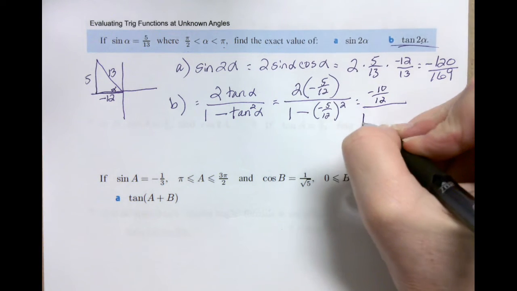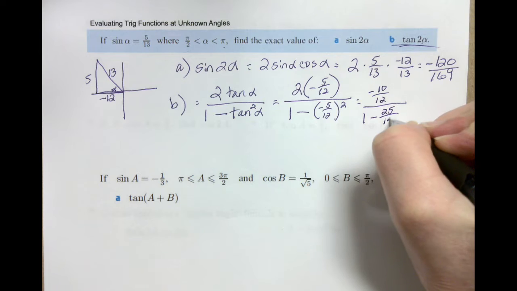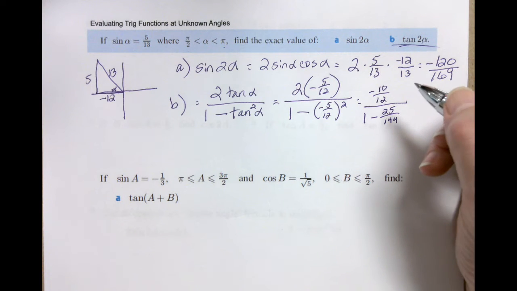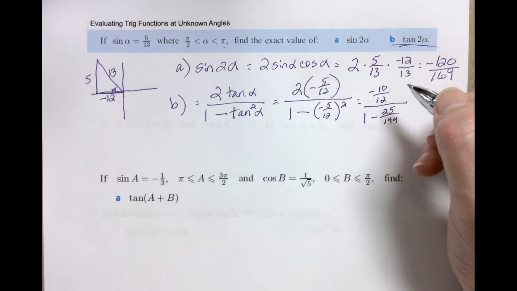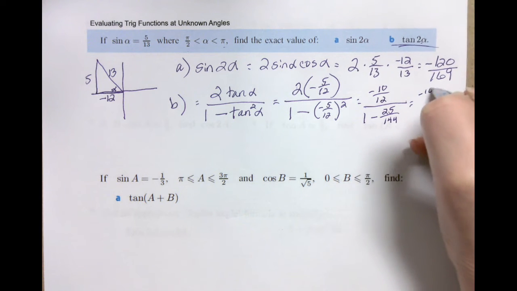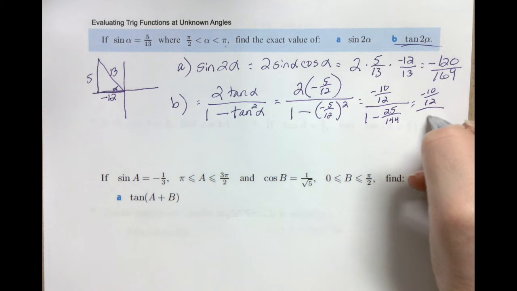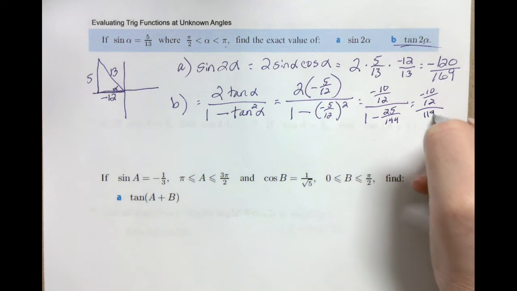1 minus 25 over 144. What's 144 minus 25? Is that not 119? Okay, so negative 10/12. Yes, I know I could be reducing that. So 119 over 144.